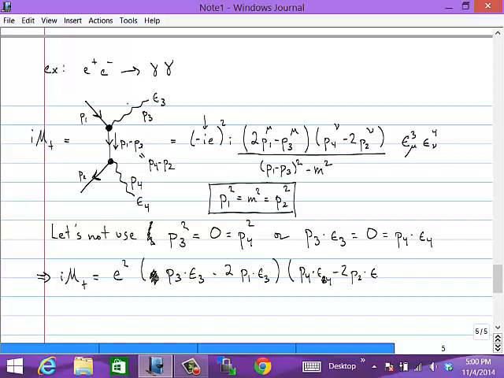Divided by P1 squared plus P3 squared minus 2 P1 dot P2. P1 squared is equal to M squared, so I can just write that denominator as P3 squared minus 2 P1 dot P3. Everyone with me so far?